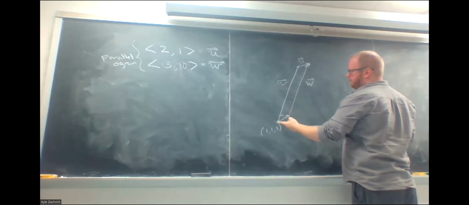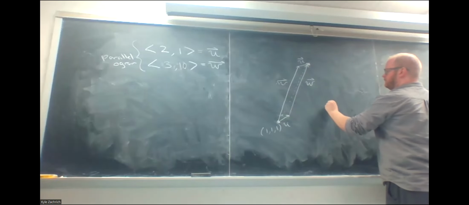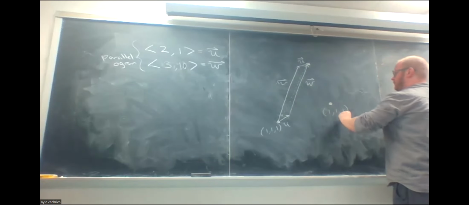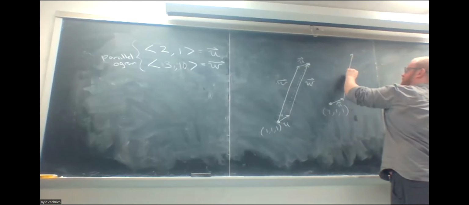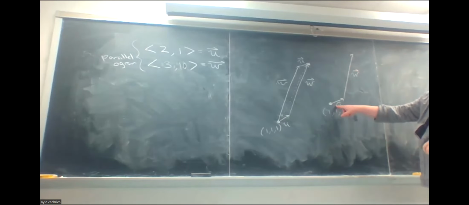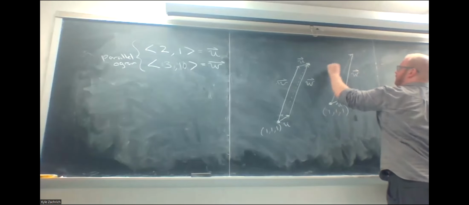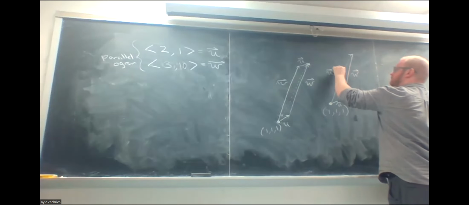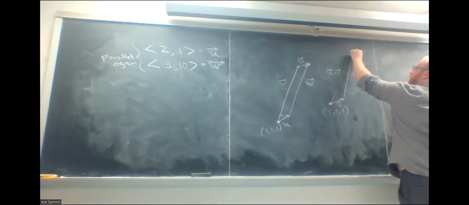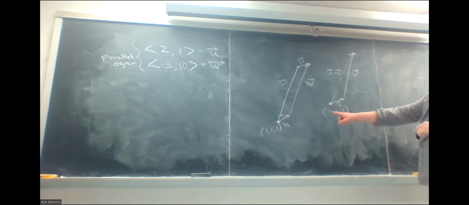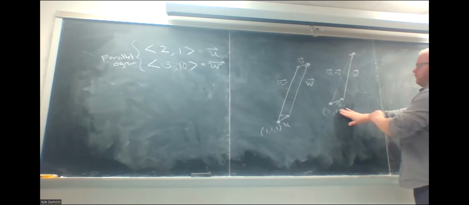So if you want to figure out where that point is, I'll draw it again over here. You've got 1, 1, 1. You've got a vector U and you've got a vector W. You just need to add those two vectors together. So this point here is going to be 1, 1, 1 plus U plus W. Oh, sorry. I forgot we were working in 2 dimensions here.